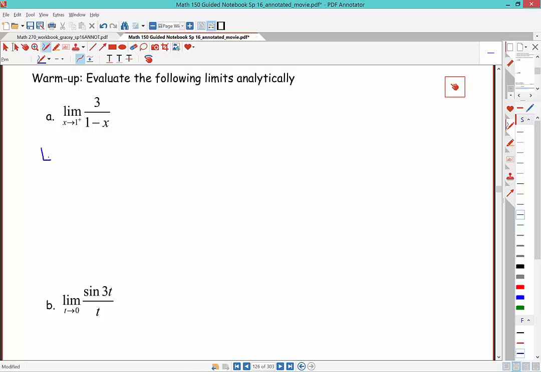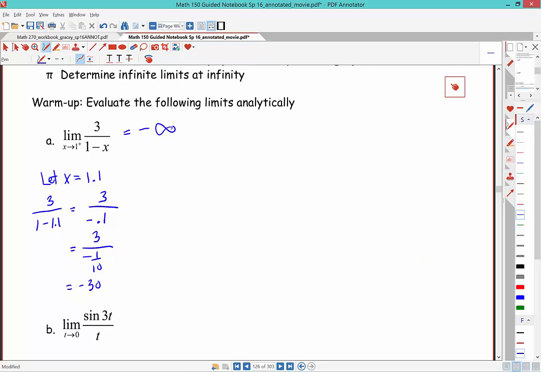So if we just let x equal 1.1, which is just to the right of 1, then we would have 3 over 1 minus 1.1, which would be equal to 3 over negative 0.1, which is equal to 3 over negative 1/10, which is negative 30. So this suggests that the behavior of this limit is going to minus infinity.